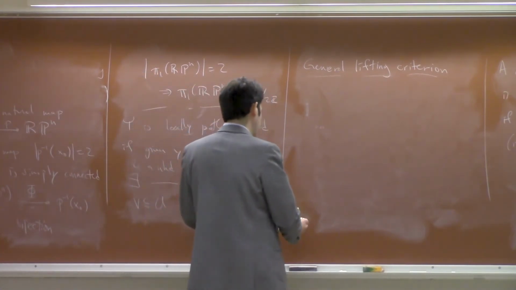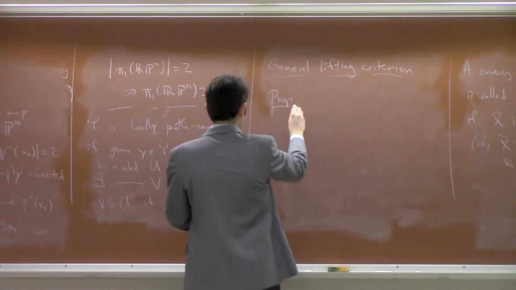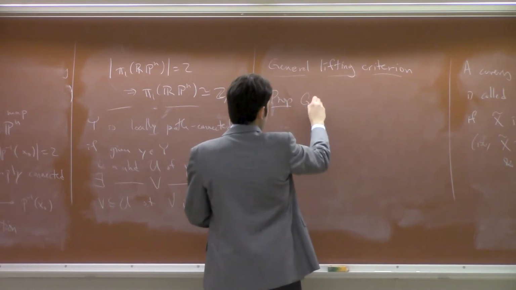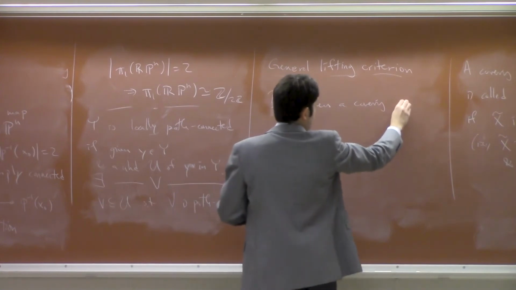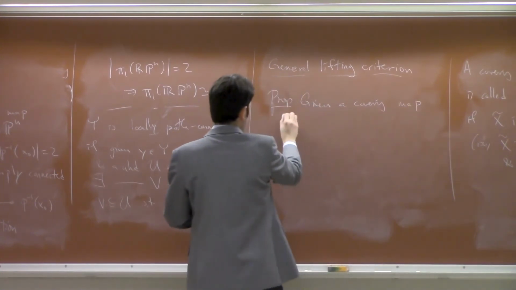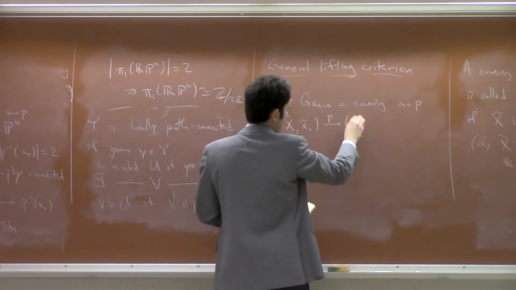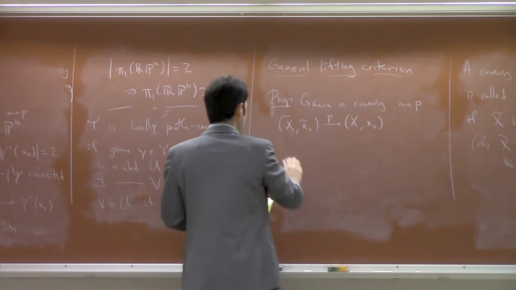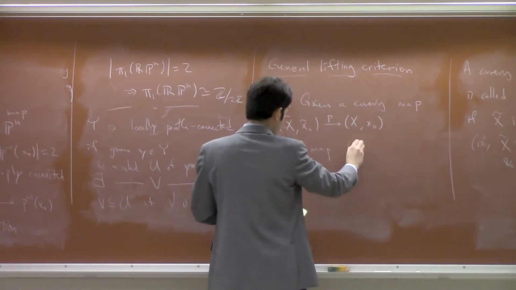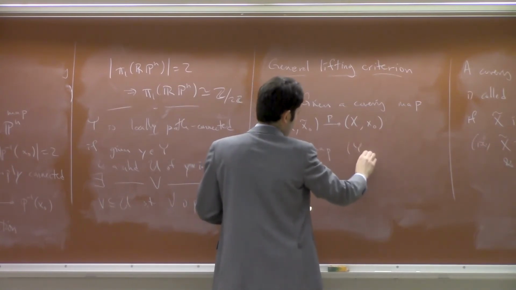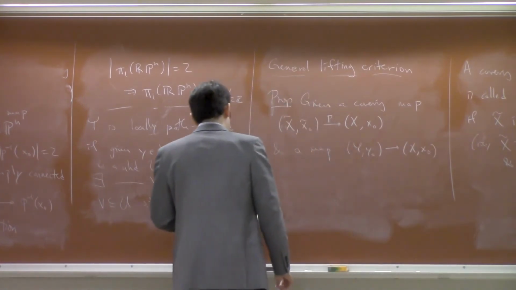So the setup is that we have a covering map p and a map f from Y, y naught to X, x naught.